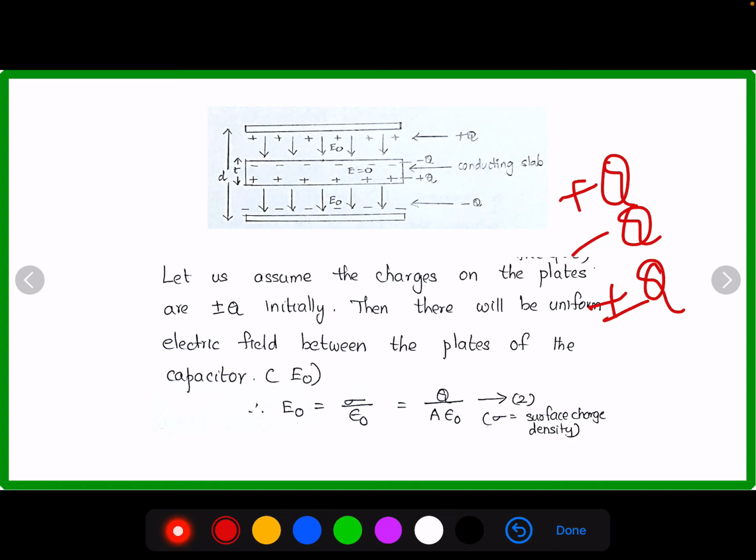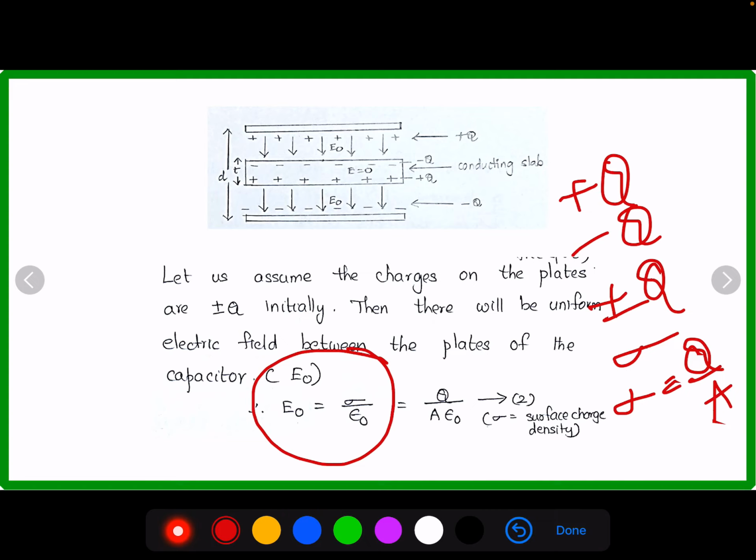Therefore, the electric field E naught between the plates of the capacitor is E naught equal to sigma by epsilon naught, where sigma is the surface charge density. We know that sigma is equal to Q by A, that is charge per unit area.